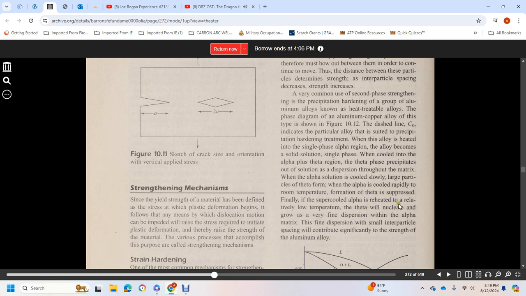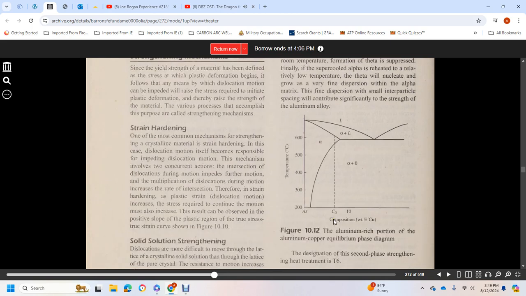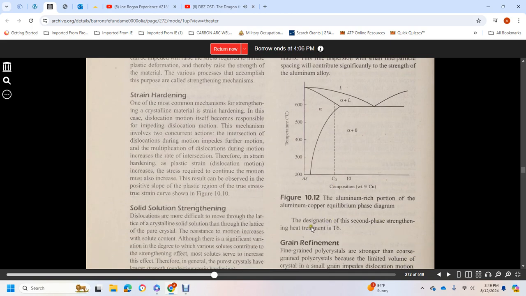Finally, the supercooled alpha is reheated to a relatively low temperature. Theta nucleates and grows as a very fine dispersion within the alpha matrix, and this fine dispersion with small interparticle spacing contributes significantly to the strength of the aluminum alloy. The designation for second phase strengthening is T6.